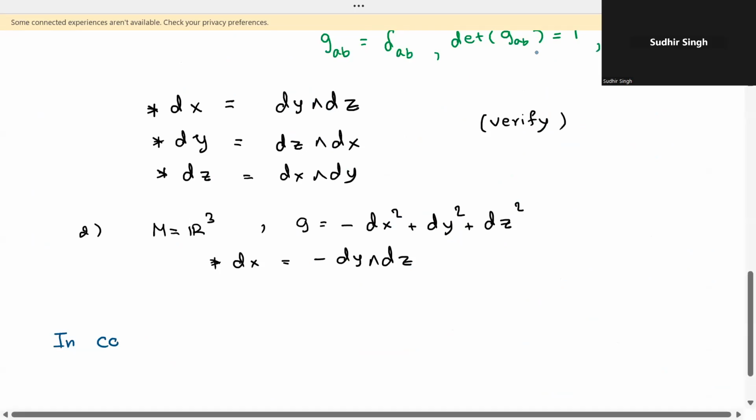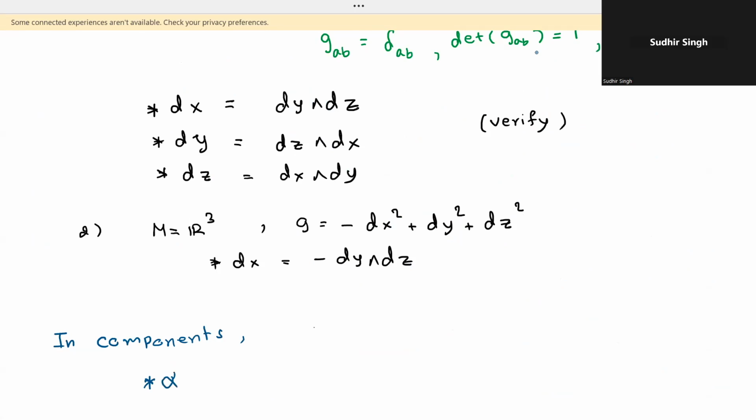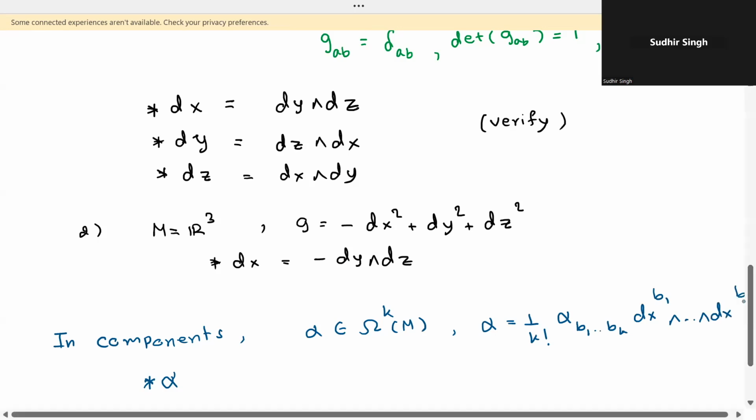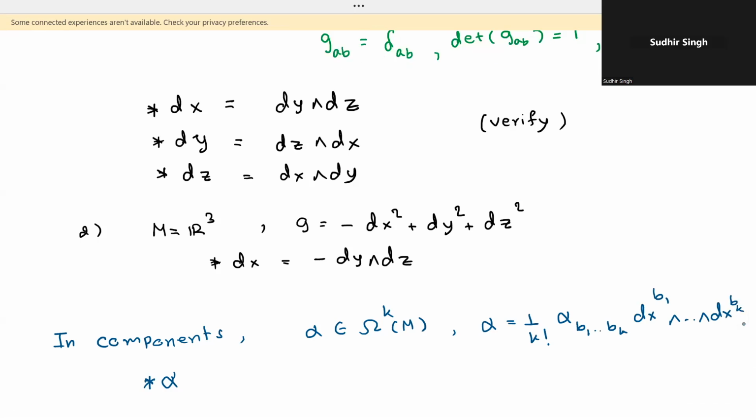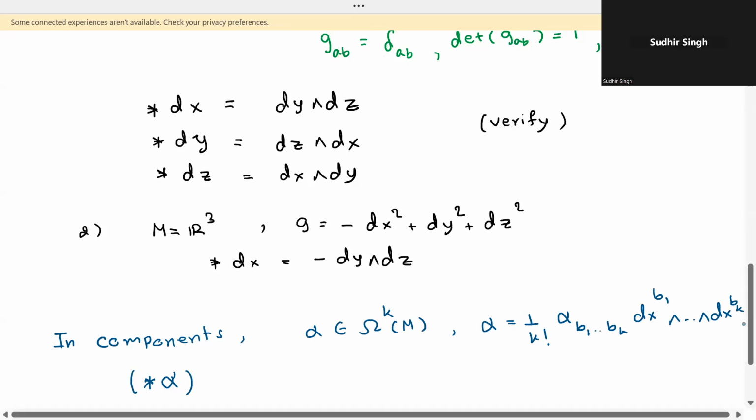It can be shown that in components, suppose alpha is a k-form, and we can write alpha with respect to the coordinate covector fields like this: alpha with components b1 to bk, times dx^b1 wedge to dx^bk. Then the Hodge dual of alpha will be an (n minus k)-form, with components like this.